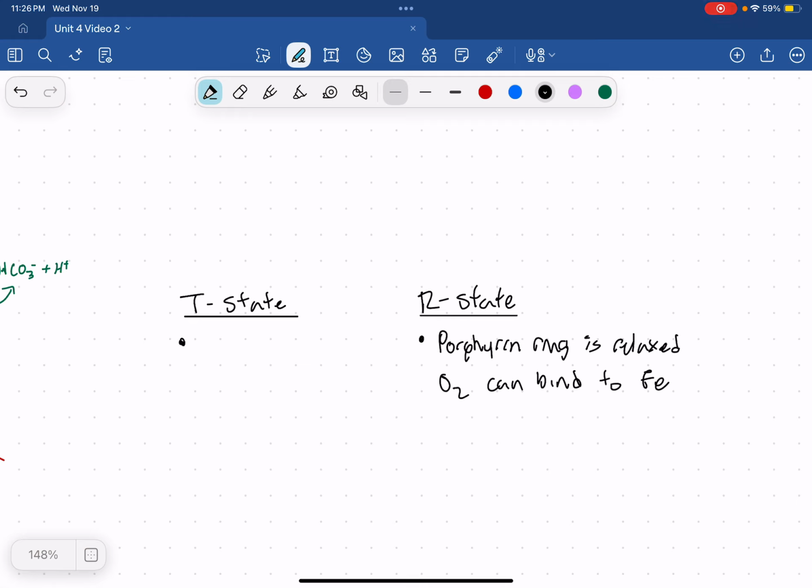In the T state, the porphyrin ring is not relaxed. It is taut, meaning tight, right? Pulled down. This causes puckering of the ring. And here, oxygen cannot bind to iron.